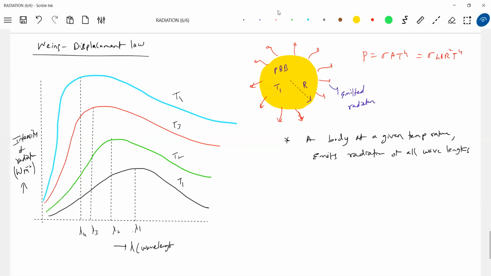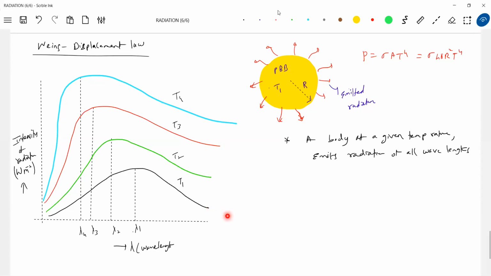What is the temperature of your body? Shall we put around 36 to 37 degrees Celsius? Are you giving out radiation of all wavelengths? Yes, all wavelengths. Sir, am I emitting even X-rays? Yes, you are emitting radiation of all wavelengths.